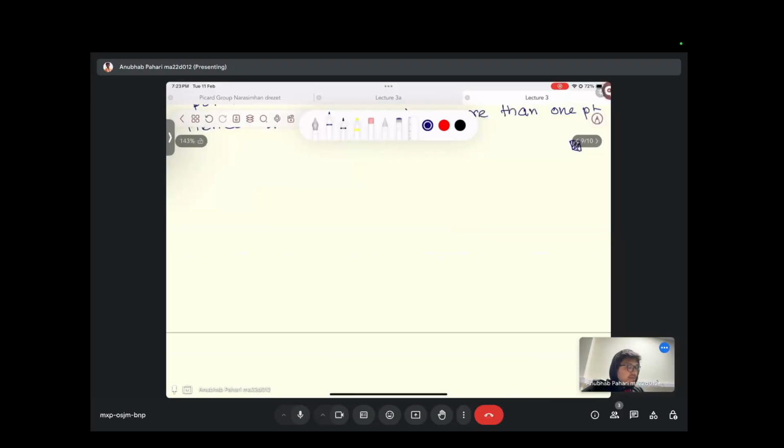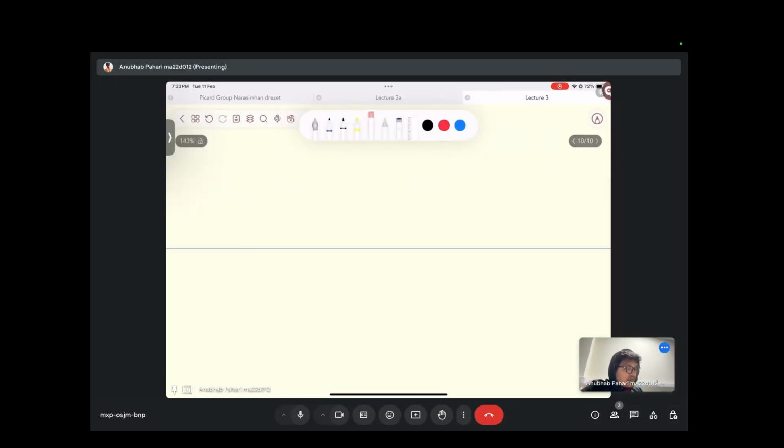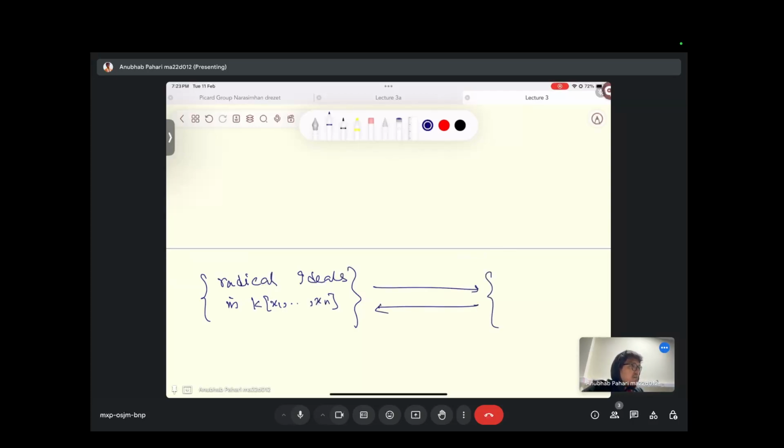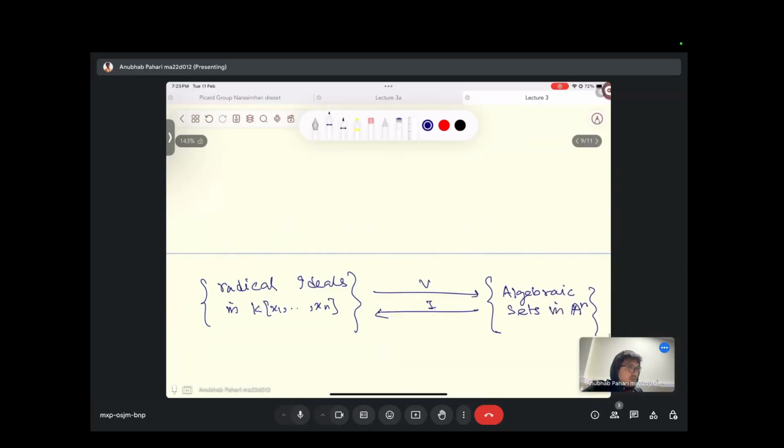So actually let's do this in a fresh page. Radical ideals in k[x1, up to xn] correspond with algebraic sets in A^n, in a one-to-one correspondence.